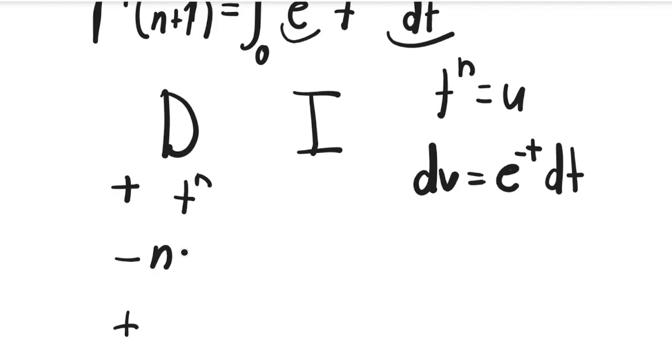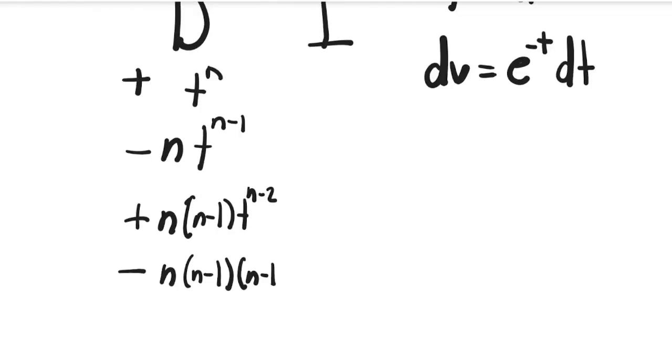And again, we can go on and have n times n minus 1 times t to the n minus 2, and then n times n minus 1 times n minus 2 times t to the n minus 3. I think you can see that it simply goes on and on.